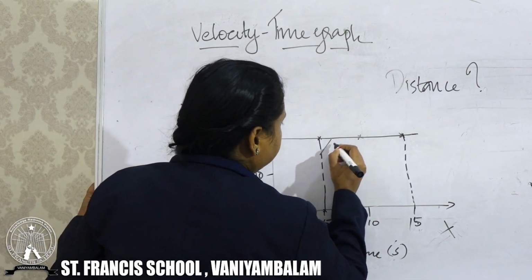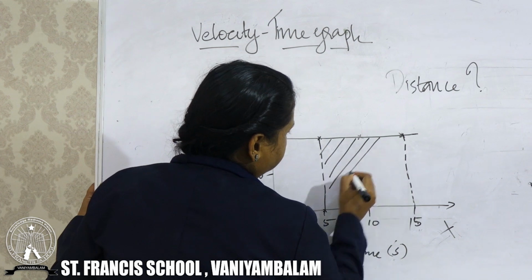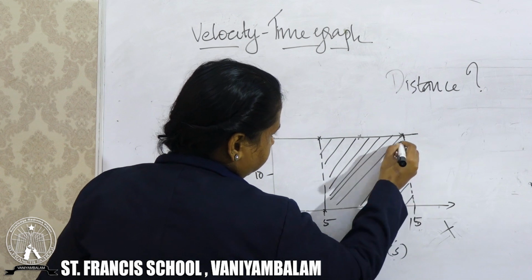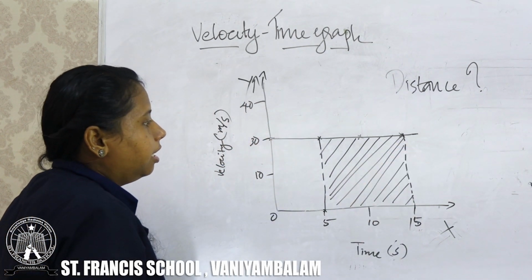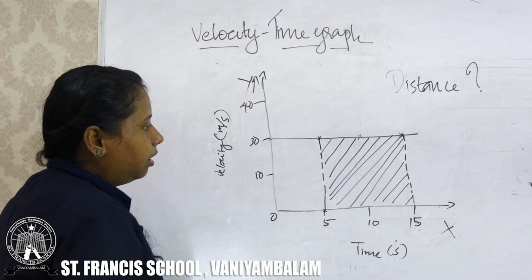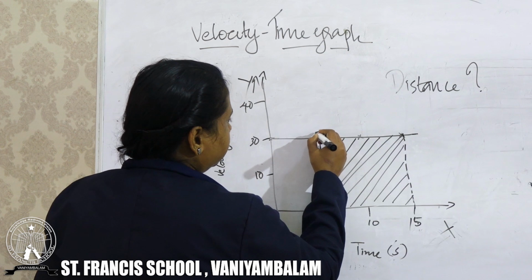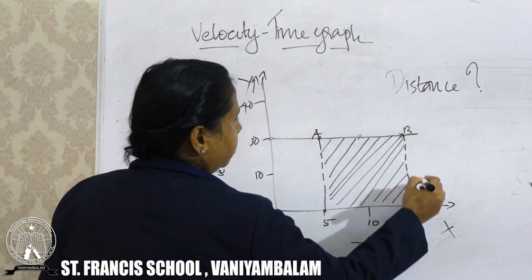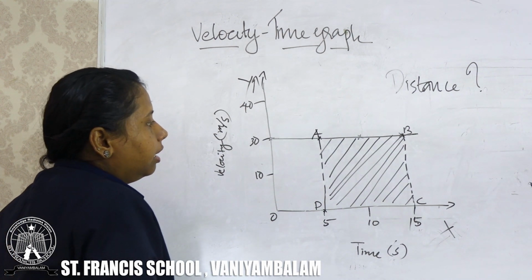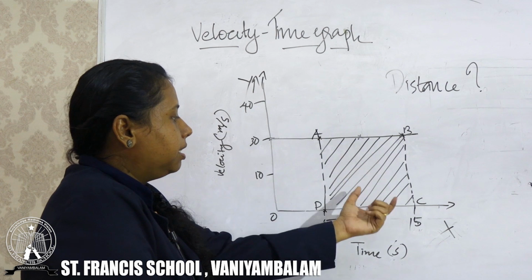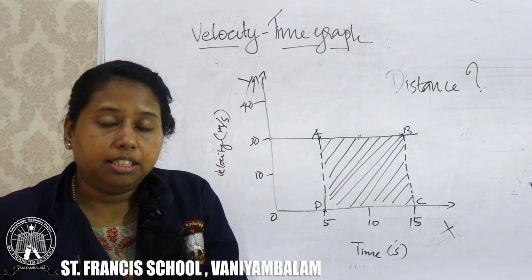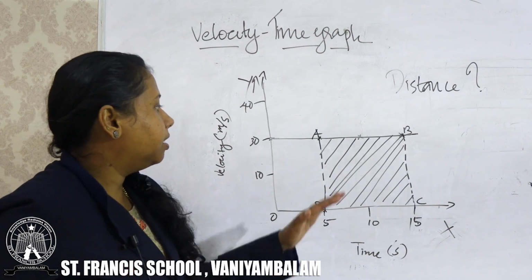We can say that it is nothing but the area of a rectangle, isn't it? This is a rectangle. Suppose we name it A, B, C, D. Then the area of the rectangle ABCD gives the distance.